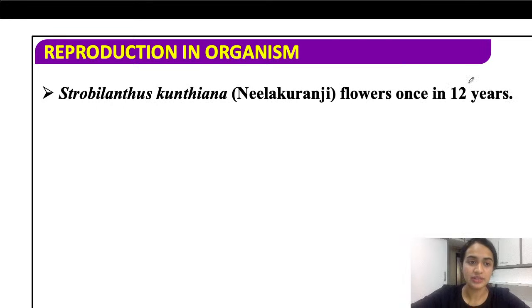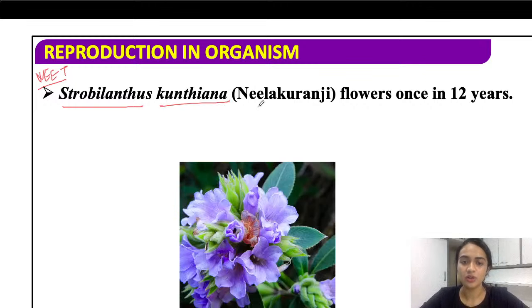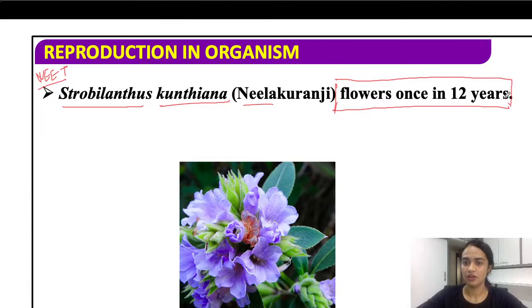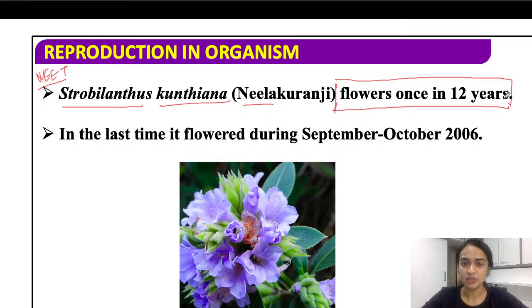Now, another very important and interesting part is Strobilanthes kunthiana. It is also called Neelakurinji, because it is somewhat blue-purple in color. That is the Neela. The most important thing to remember is that it will flower only once in 12 years. It last flowered during September to October 2006, according to NCERT.